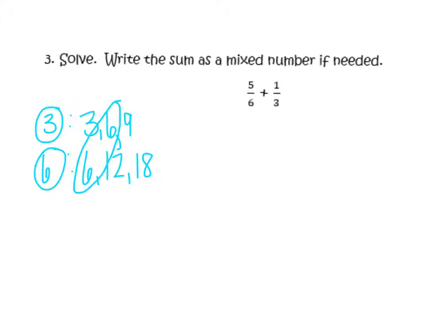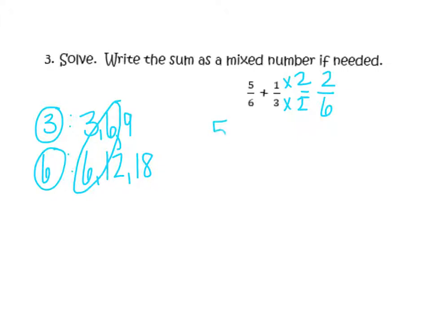Since 5/6 is already in sixths, I'm going to keep it. I need to change 1/3 into sixths. I need to think about what I need to multiply 3 by to get 6. The answer is 2. So I also need to multiply my numerator by 2. So 1 times 2 equals 2.